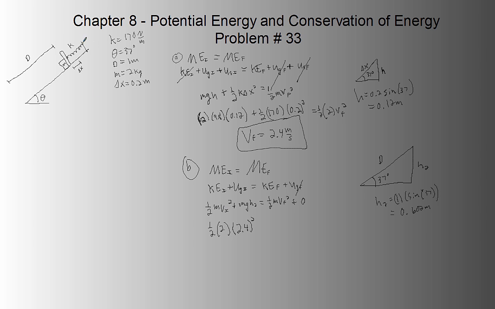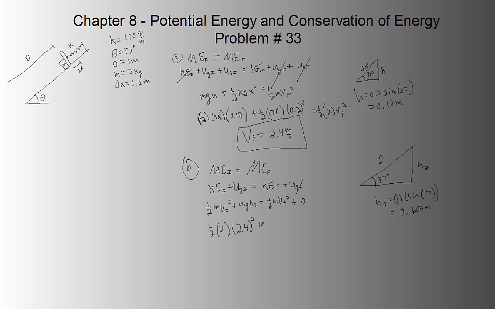We could do it from here to here, which is another way. You might want to challenge yourself, and instead of doing part B using the speed from part A, basically set it up just like this. But now the h here is going to be this h plus h2. That's my hint for you, so maybe call it h3.